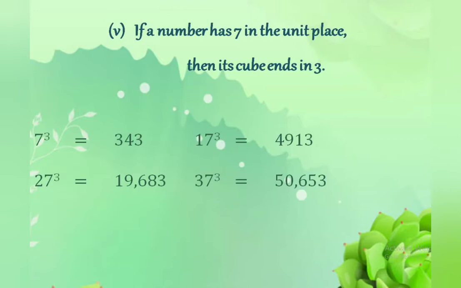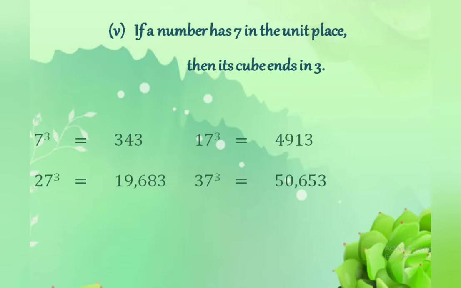What about 17 cube? It is 4913, and 3 again in the unit place. What about 27 cube? It is 19,683, and 3 comes in the unit place again. It is true for 37 cube, 47 cube, 57 cube, etc., for any number having 7 in the unit place.